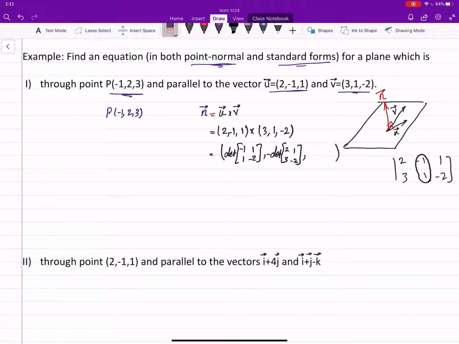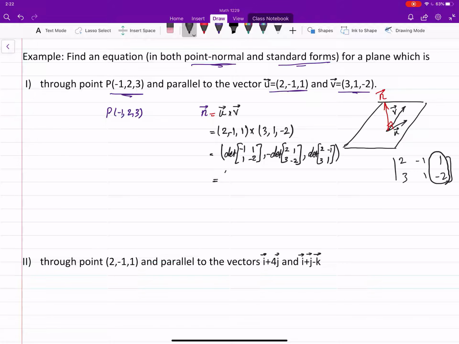For the third one, we ignore the third column, and that would be the determinant of 2, -1, 3, 1.